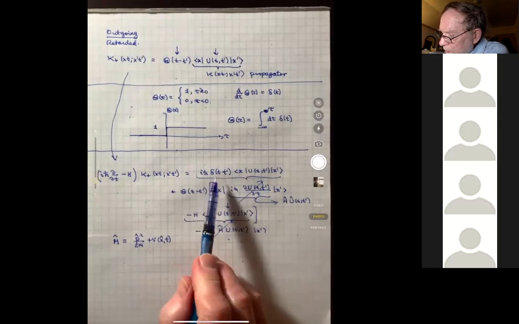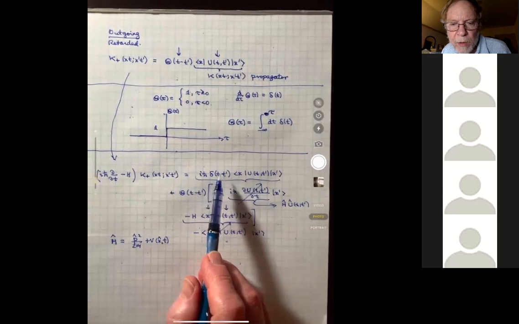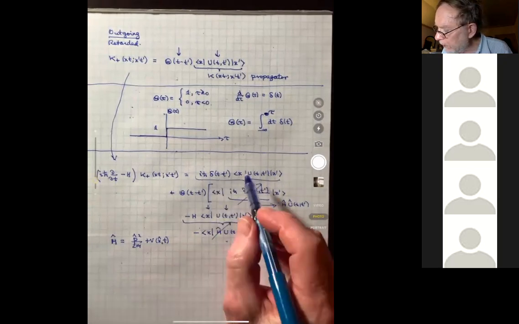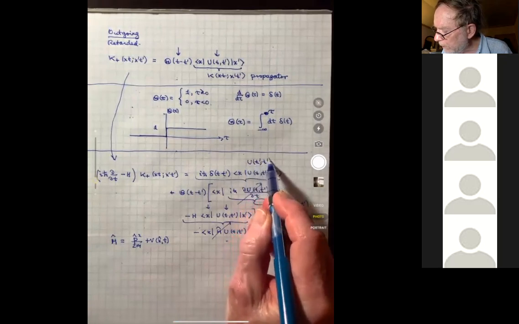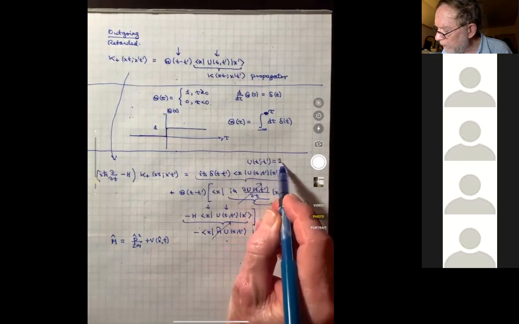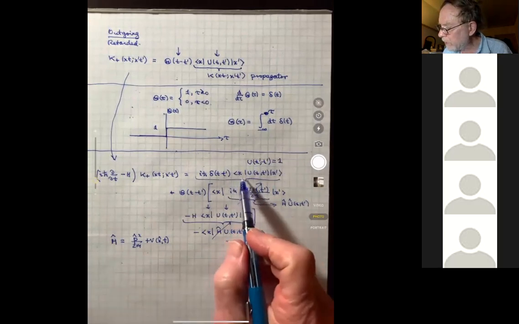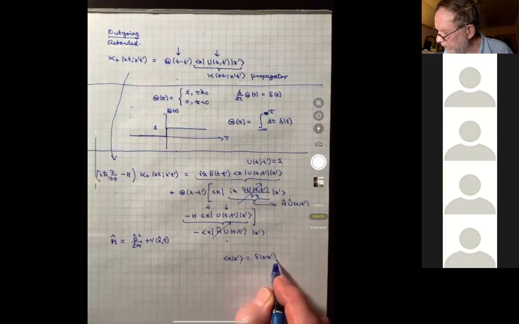So let's turn our attention to that term. Now that term is multiplied by a Dirac delta function, and so that vanishes unless t is equal to t prime. But if t is equal to t prime, then the U operator in the middle becomes U of the same two times, t prime, and that operator is just equal to 1 because when the two times are equal, the evolution operator is just the identity. So what this matrix element is left over is, if I write it down here, just the scalar product of x with x prime, and that's the same thing as the Dirac delta function of x minus x prime.